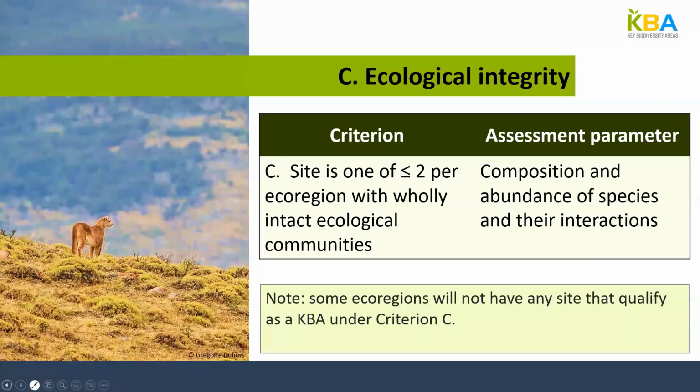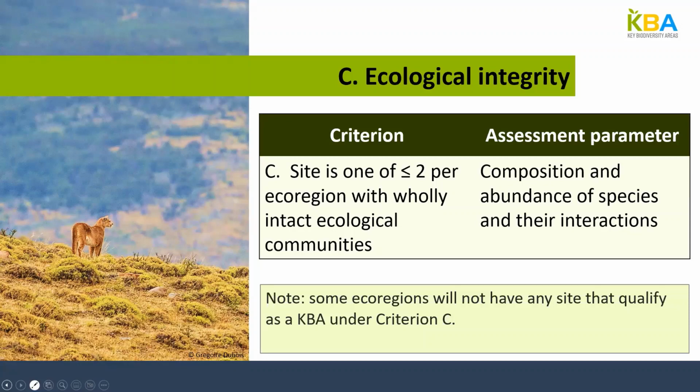So the unit of analysis for Criterion C sites are ecoregions, because the site has to be up to 2 sites per ecoregion that is characterized with wholly intact ecological communities. And this is generally in terms of the composition and abundance of species and their interactions.